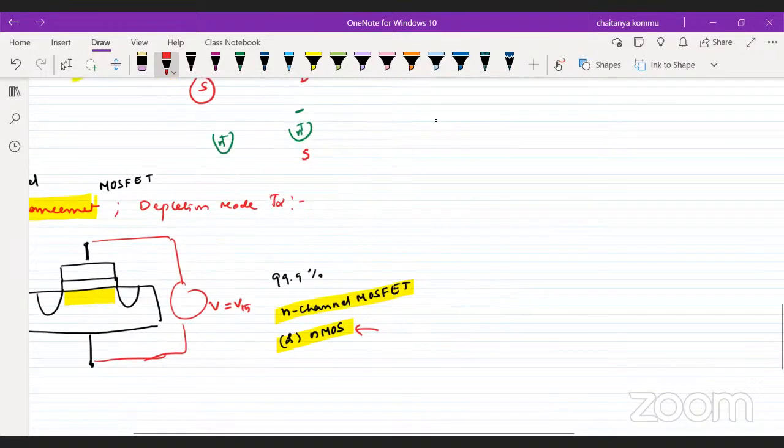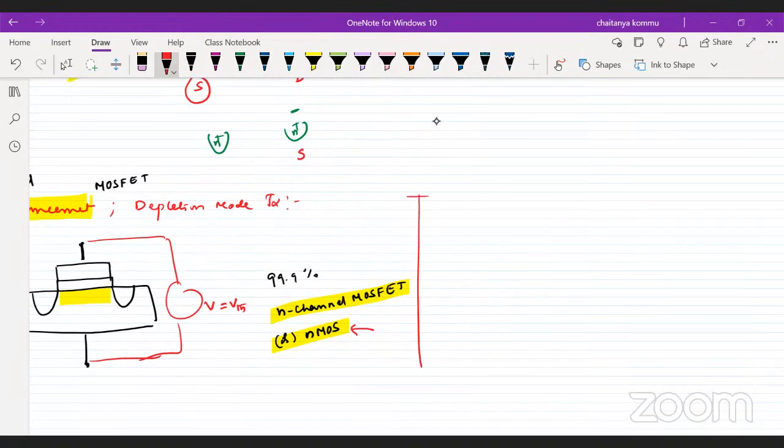We have another type of transistor called the depletion mode type of transistor. While fabricating, we have to create the channel itself within the fabrication. This channel is not because of externally applying a potential difference between the metal and semiconductor. It is inherently available during the fabrication while we are making the transistor.